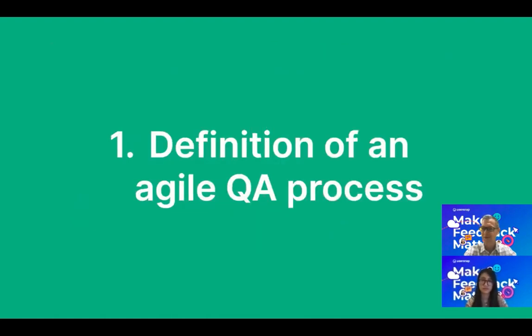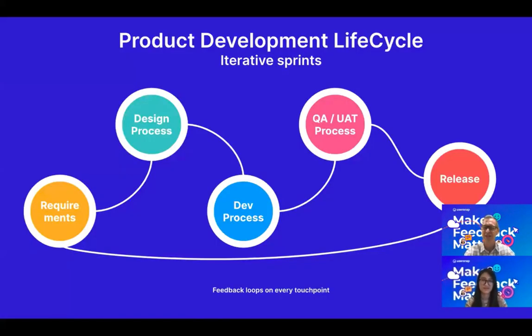So let's start at the beginning, the definition of an agile QA process. As you already know, QA, or quality assurance, is a systematic approach or process to ensure product quality and also service excellence when it comes to any service products. In the beginning of software development, and I have to confess that I was there too, there was the traditional waterfall methodology.